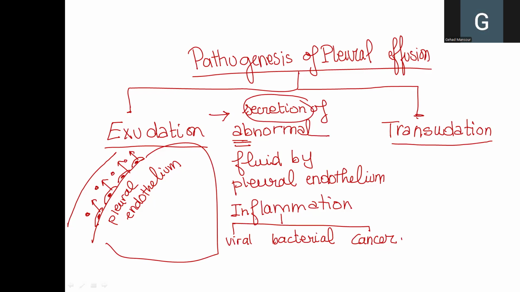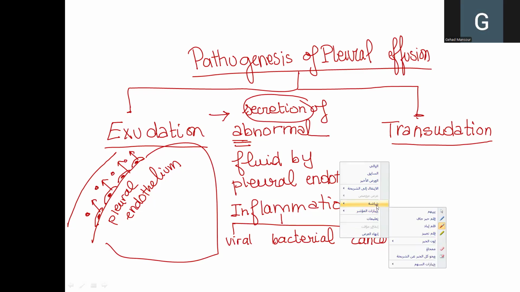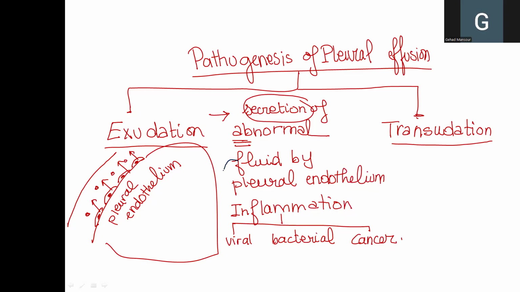In such cases, we call the fluid an exudate. So this abnormal fluid in such a case will be called an exudate. And because it is an exudate, it will differ in composition from the normal pleural fluid.